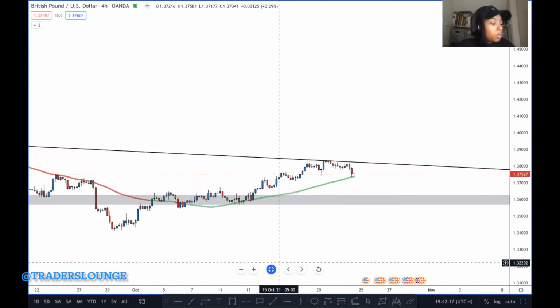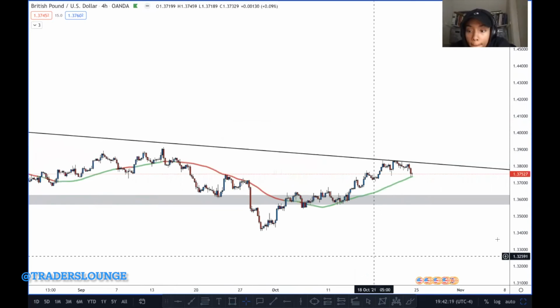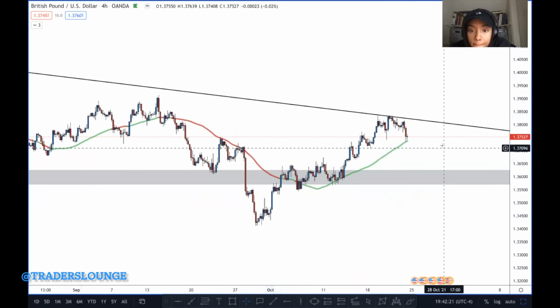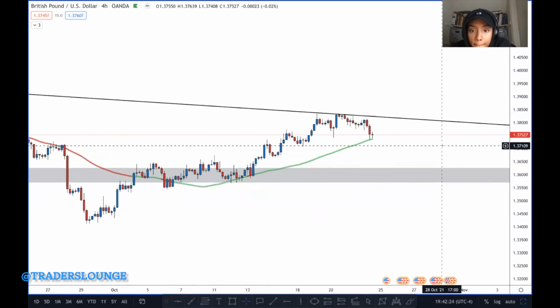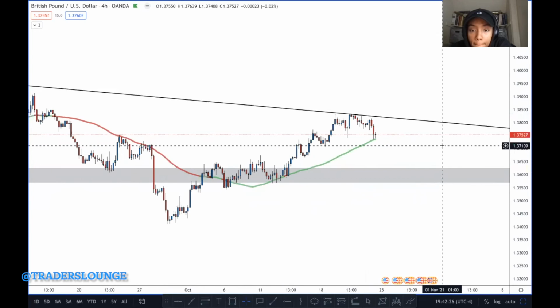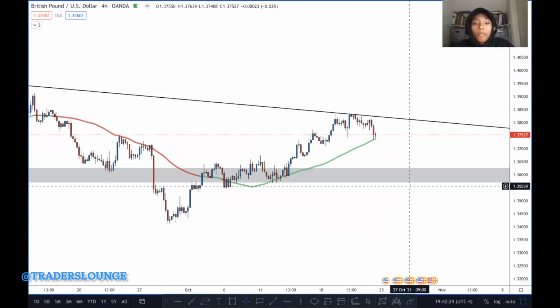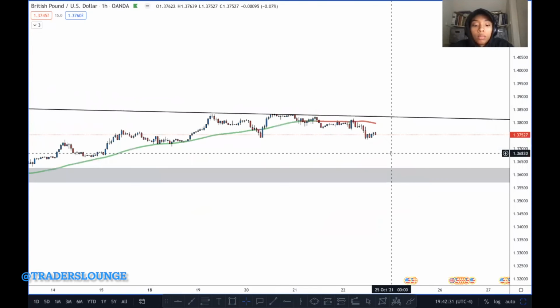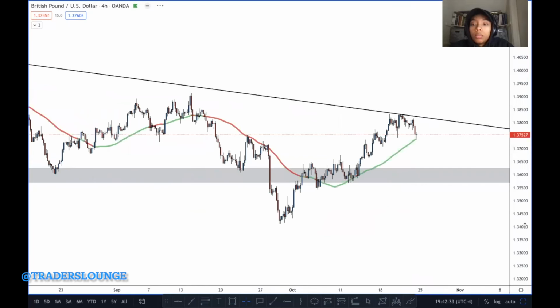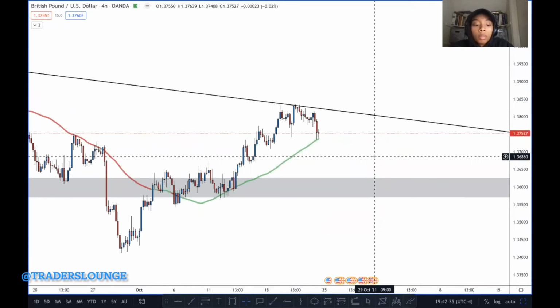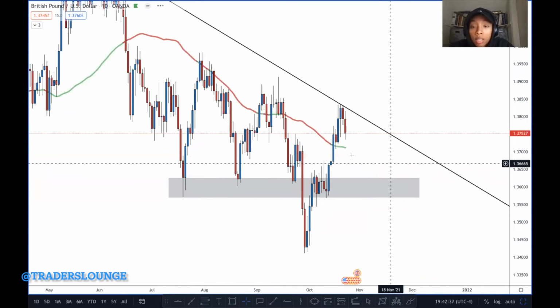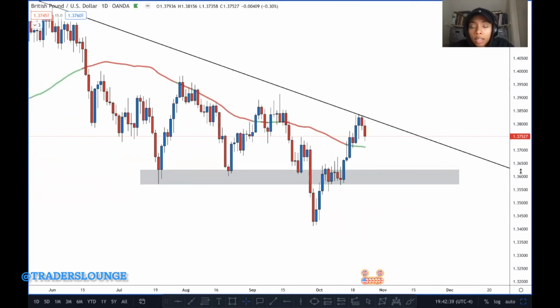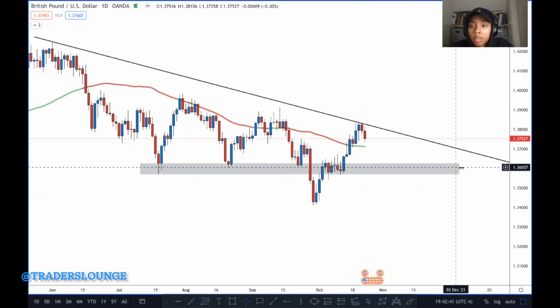4 hour. I'm still not certain about this higher. I'm still not satisfied with my analysis on this higher time frame. This looks good.